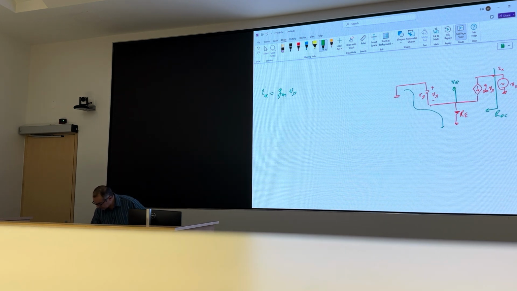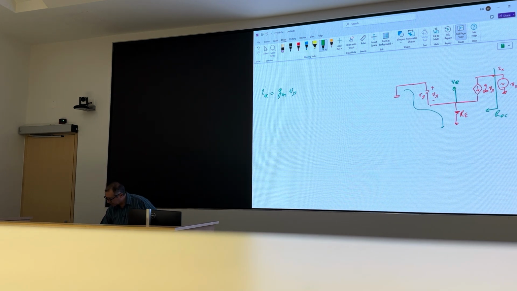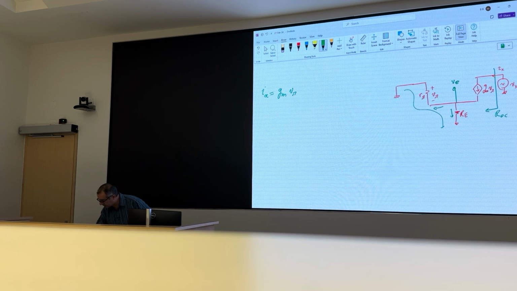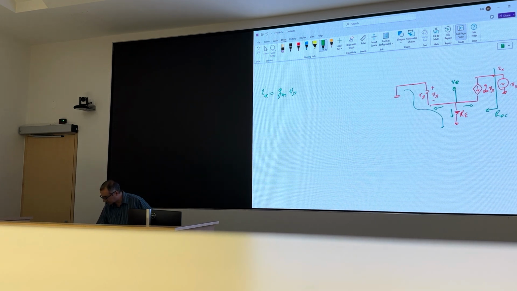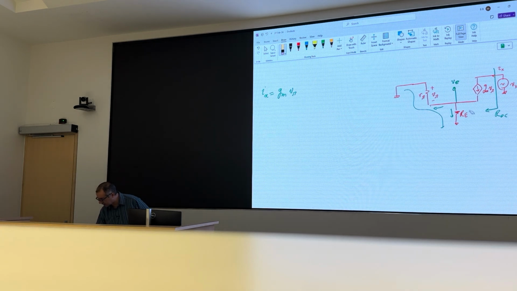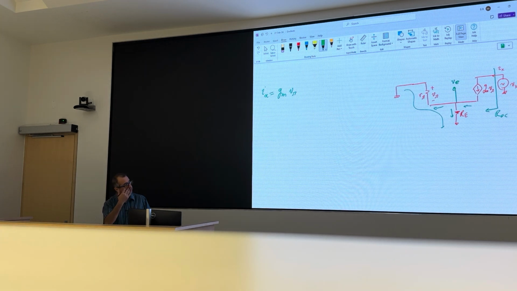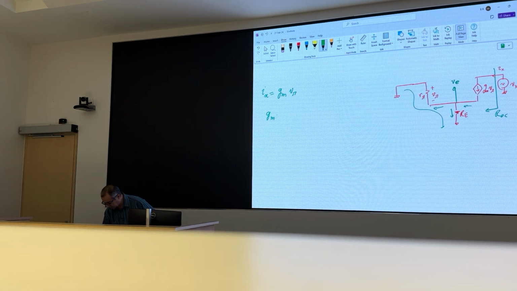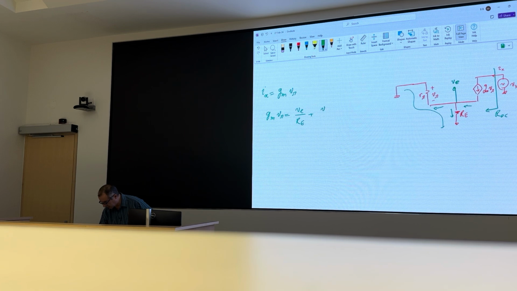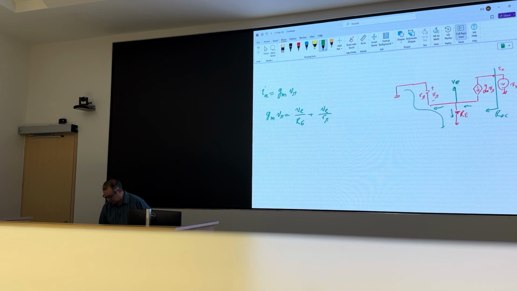And because it's a small signal, lowercase. So I can say this current plus this current plus this current should add up to 0. Or because gm V pi is entering, I can say this current should add up to the other two. So gm V pi is equal to VE over RE plus VE over r_o.